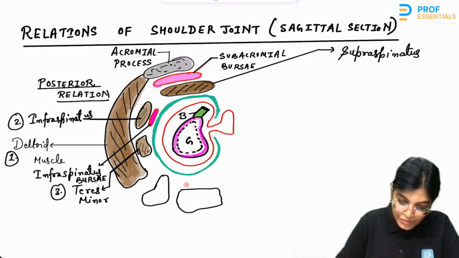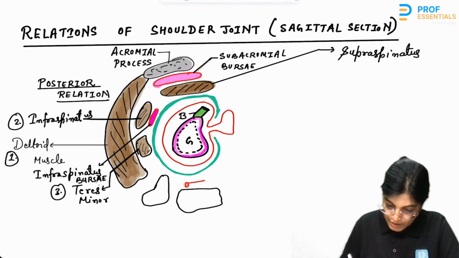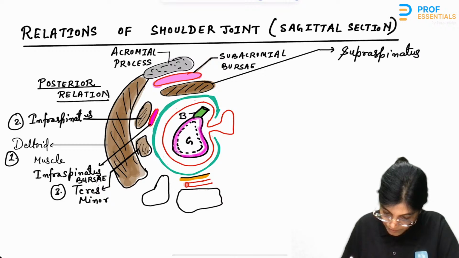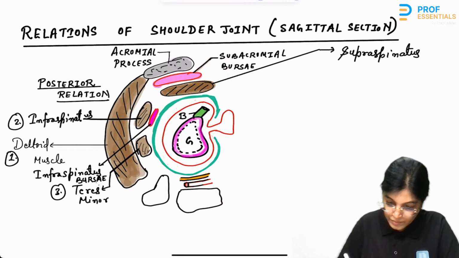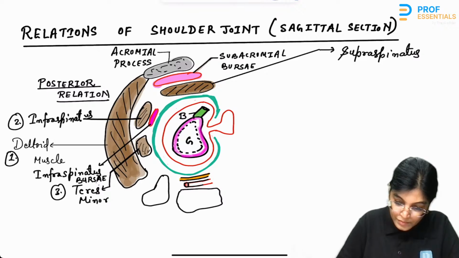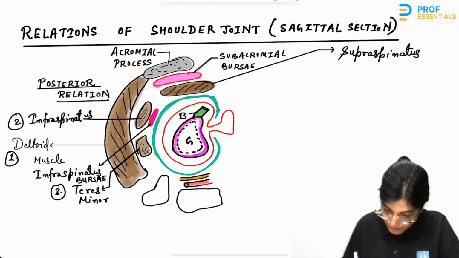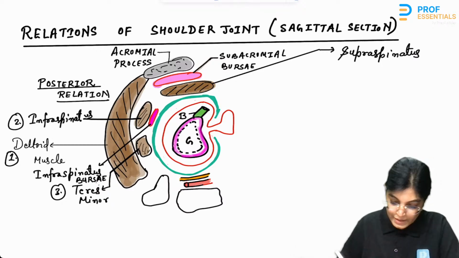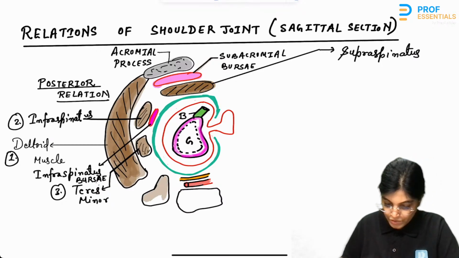So we will have the posterior circumflex humeral vessel, and we will have the nerve, and the muscles. Just use brown color for the muscles. Draw the diagram along with me, and see which structures are related on the inferior aspect.